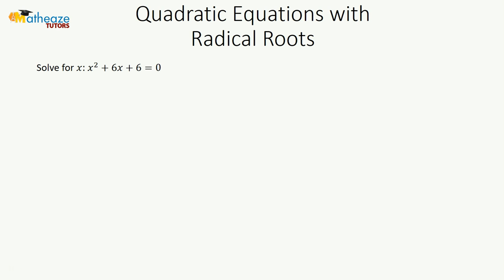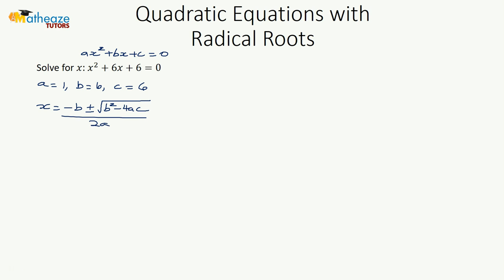Let's get started. So we have ax squared plus bx plus c equal to 0, with a equal to 1, b equal to 6, and c equal to 6. So we know that x equals minus b plus or minus the square root of b squared minus 4ac over 2a. Now we substitute.